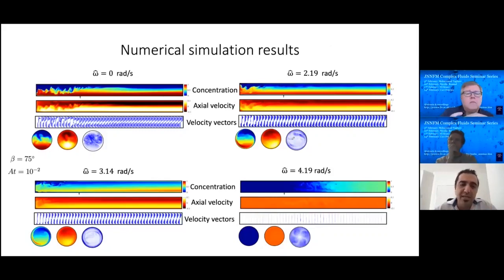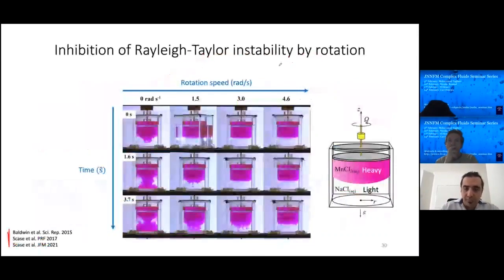Given here, we are looking at the concentration contours, axial velocity contours, and velocity vectors in the axial plane of the pipe, and also in one cross section that I marked. This is marked by small arrows.